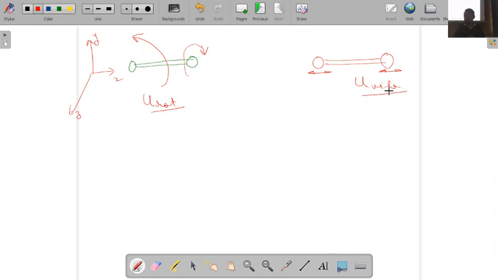Then we know that if this is the nucleus of an atom, electrons are orbiting around it. We will have some orbital motion of the electrons, and electrons also have a certain amount of mass, so these also contribute a certain amount of energy. Then similarly, any electron or proton also has some spin kind of motion.